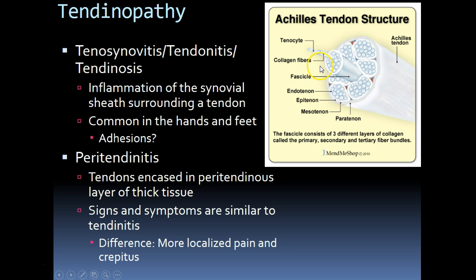Now the inflammation's been sitting there so long that it's started to eat away at the cellular matrix of the tendon, making it weaker and more susceptible to rupture. And last but not least would be peritendinitis, which would be inflammation of the thick tissue encasing the tendon itself. Remember the differences between peritendinitis and tendinitis: peritendinitis is more focal, more local in nature.